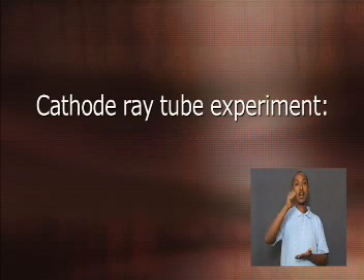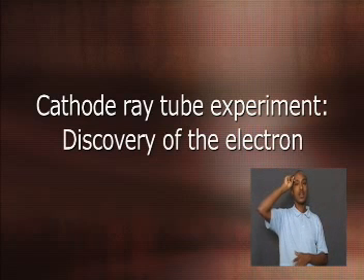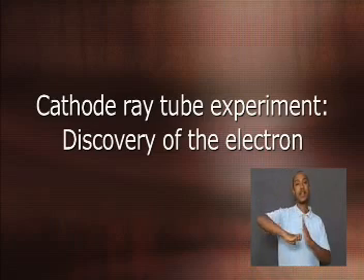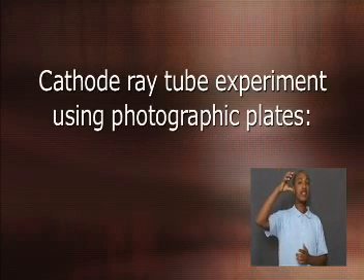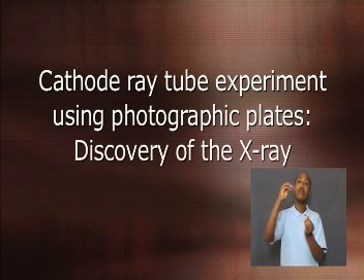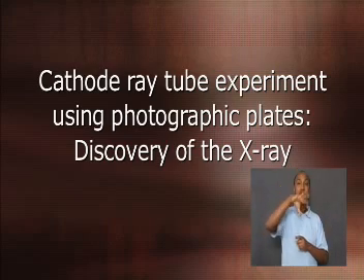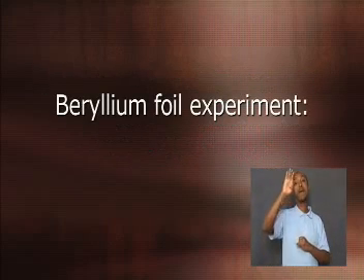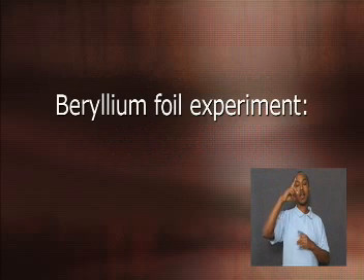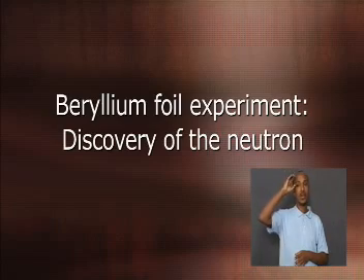The cathode ray tube experiments, conducted by J.J. Thomson, led to the discovery of the electron. Cathode ray experiments involving photographic plates led Antoine Becquerel to the discovery of the X-ray. Lastly, the beryllium foil experiment conducted by James Chadwick led to the discovery of the neutron.